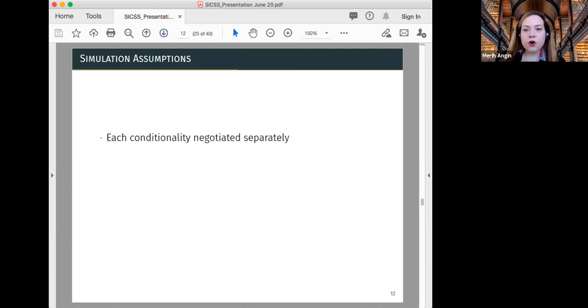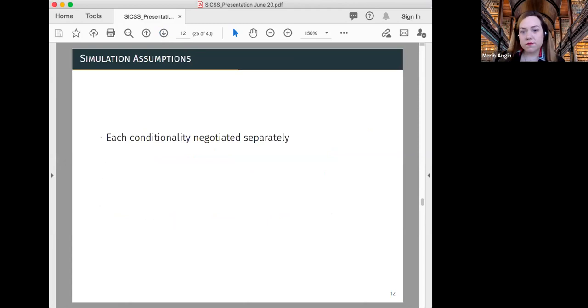So as for the simulation environment, the environment model in the simulation is, once again, a negotiation process over the inclusion of a list of conditionality in an IMF program. And the model assumes that each conditionality in the program is negotiated separately, independent of each other.